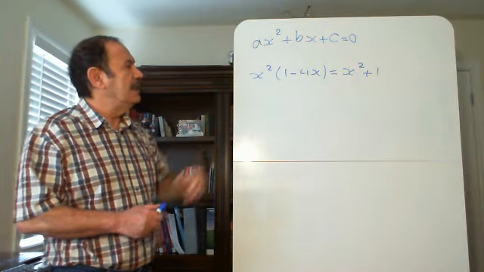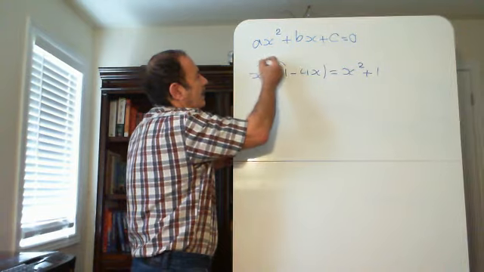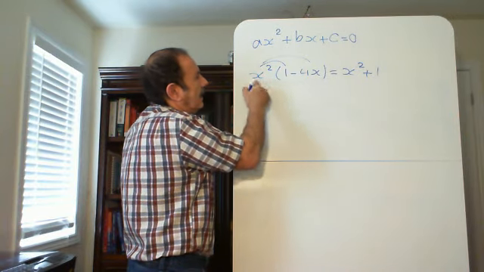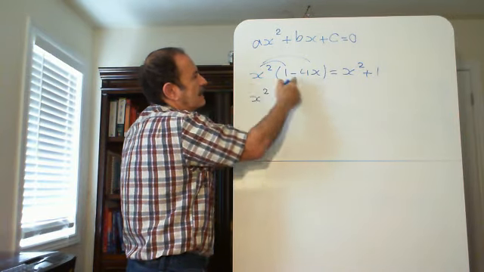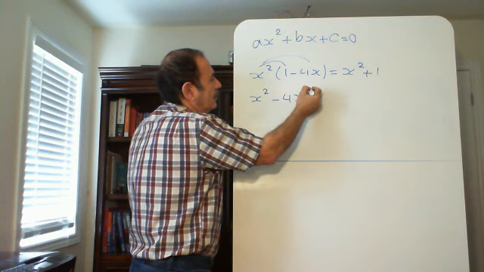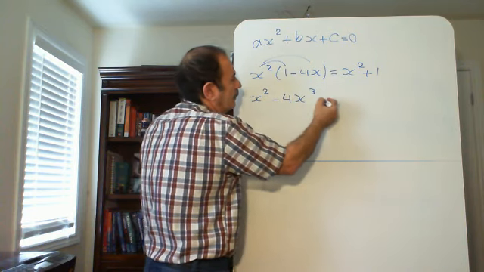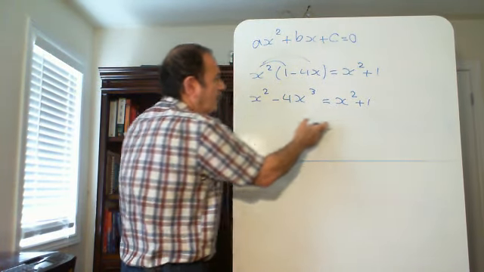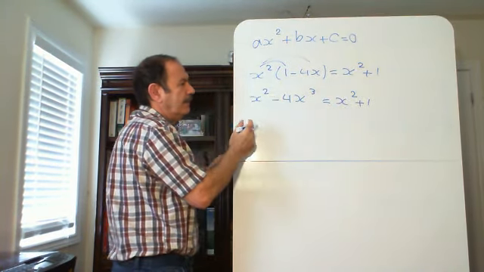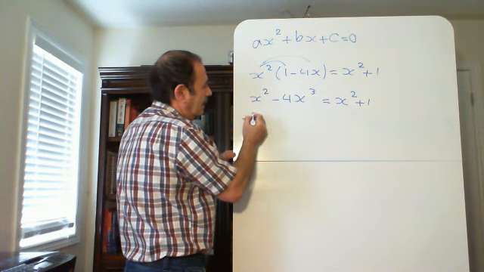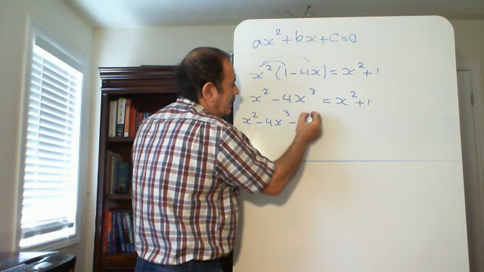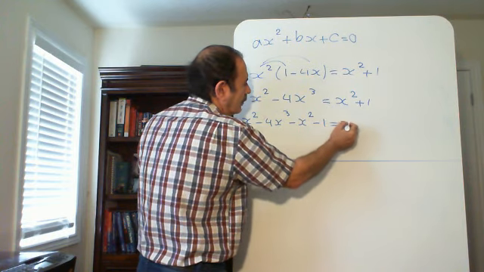So if I expand this one, multiplying by what is inside the bracket, x squared times 1 is x squared, multiplied by negative 4x. Positive times negative is negative, so negative 4x cubed is equal to x squared plus 1. Now, if I move everything from right to left, it's going to be x squared minus 4x cubed minus x squared minus 1 equal to 0.